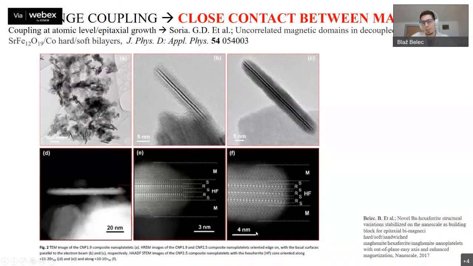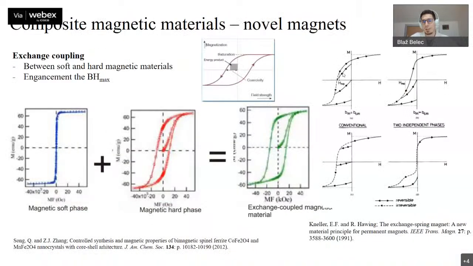This is basically the representation of how the material should be so the exchange coupling will work out. Of course, with the thickness of the layer and the size of the particles, we can then change the coercivity, remanent magnetization and saturation magnetization.